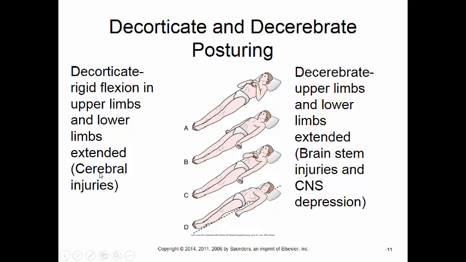This is common in cerebral injuries, in the cerebrum. Decerebrate posturing is where the upper limbs and the lower limbs are extended. And we can see that it's going to be more common with brainstem injuries and CNS depression. Okay, so depression of the central nervous system.